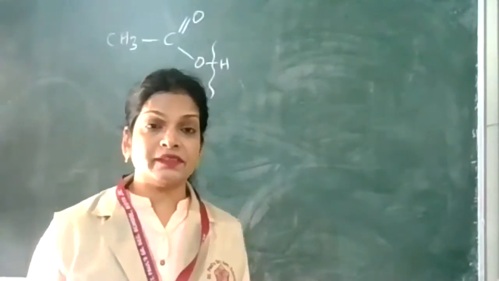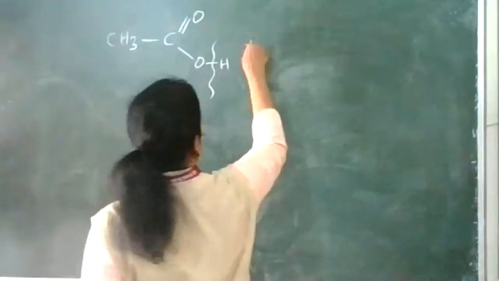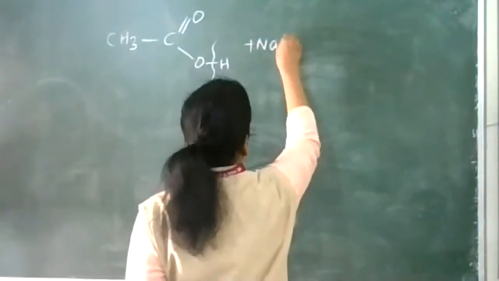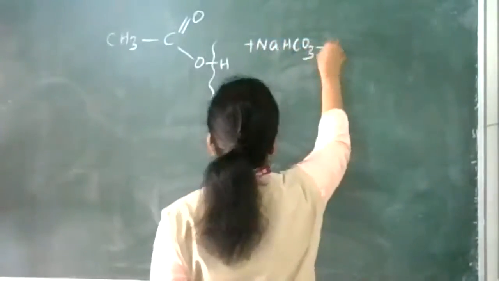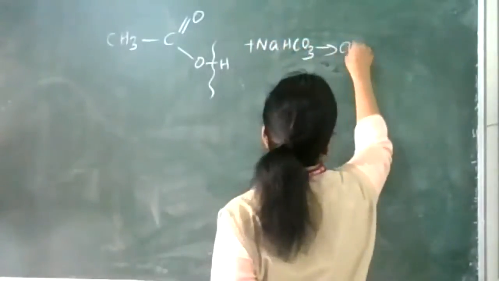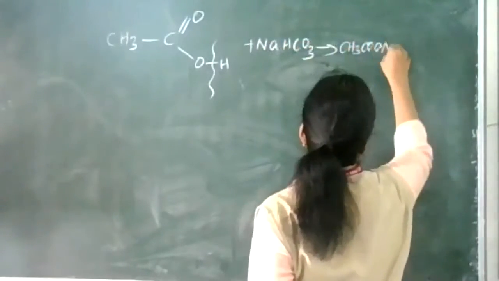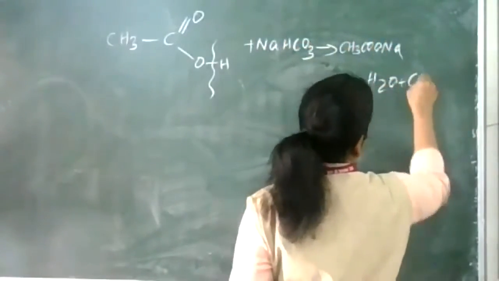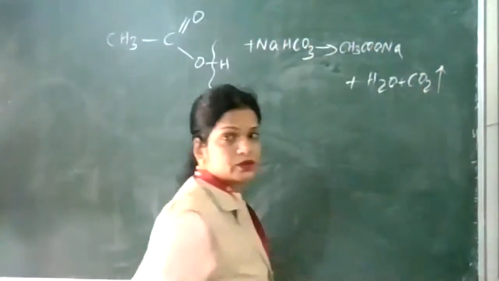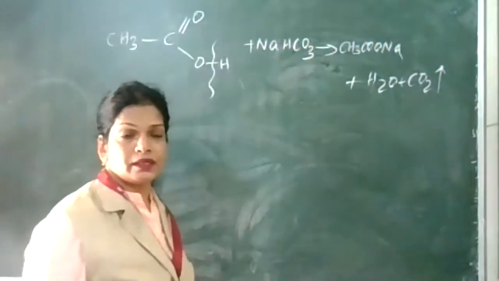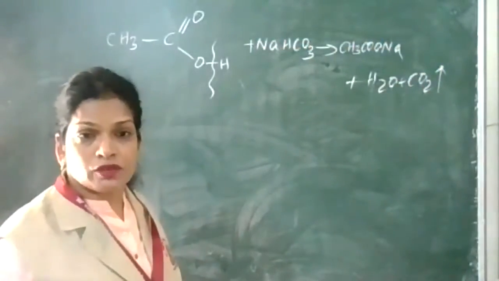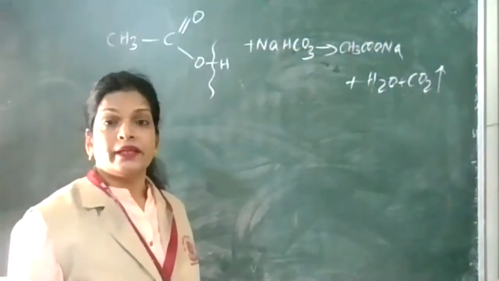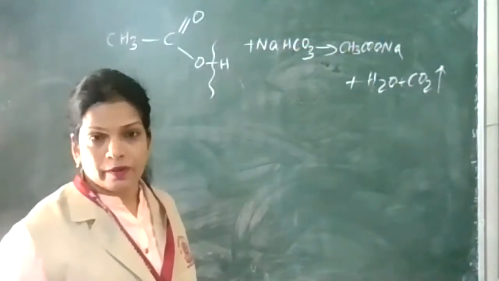Carboxylic acid will react with NaHCO3, and you will be getting the corresponding salt, CH3COONa, and H2O and CO2. There will be liberation of carbon dioxide. But phenol will not react with NaHCO3, so no liberation of carbon dioxide.